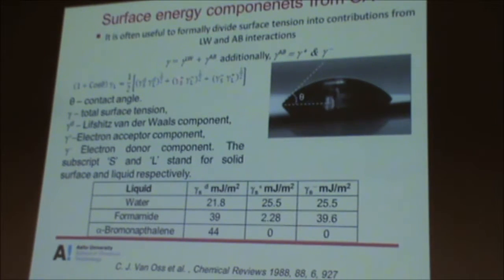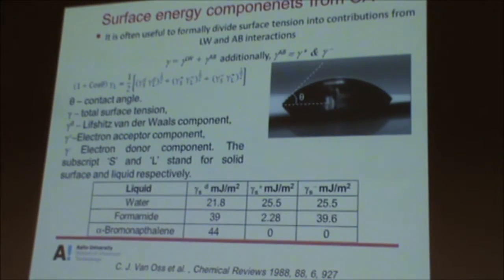So here you have gamma S plus and gamma S minus. I'm trying to recall these notations from memory. So S plus is electron acceptor, and S minus is electron donor. I'm sorry for the confusion.